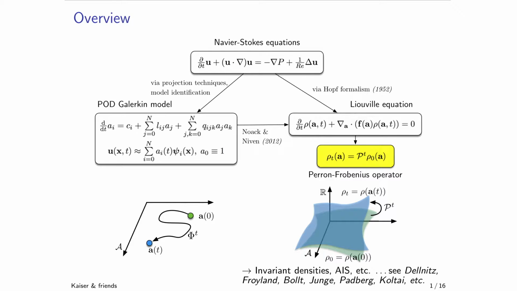Dynamical systems such as these POD-Galerkin models have a long tradition to be analyzed by geometric methods for global stability analysis or determining fixed points and limit cycles, finite time Lyapunov exponents, and invariant manifolds. On the other hand, invariant densities or distributions are fixed point solutions of the Liouville equation.